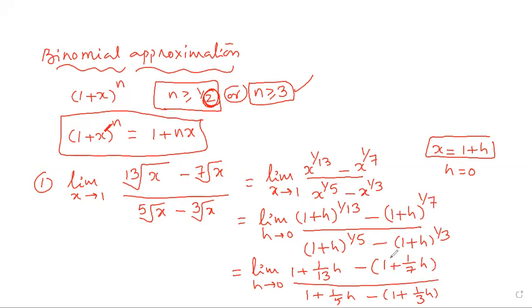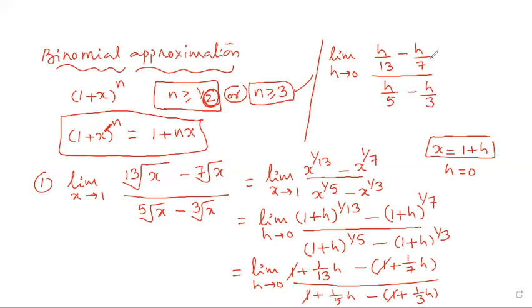Now see, minus 1 plus 1 cancel. Everyone observe: limit h tends to 0. What remains is h by 13 minus h by 7, over h by 5 minus h by 3.